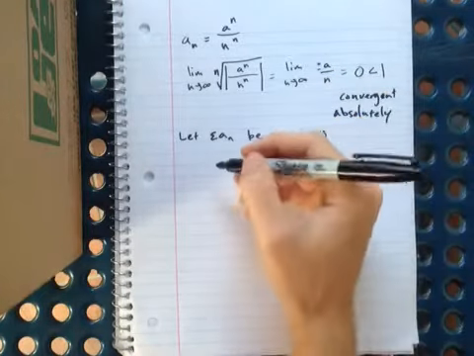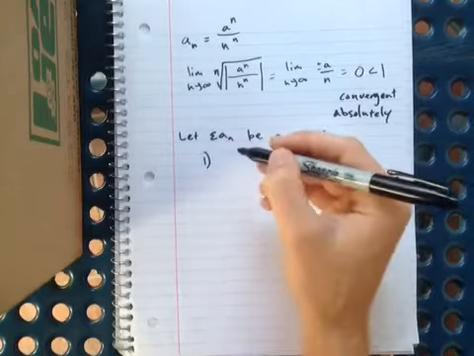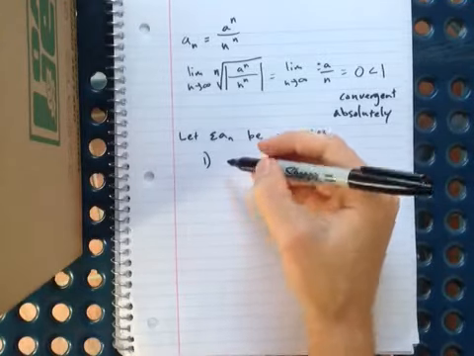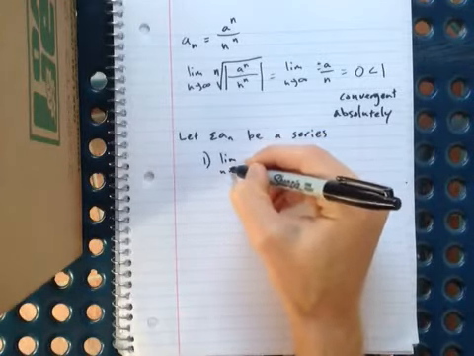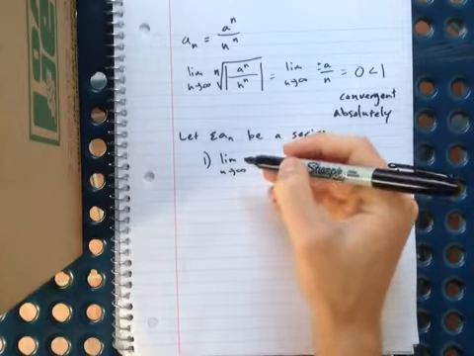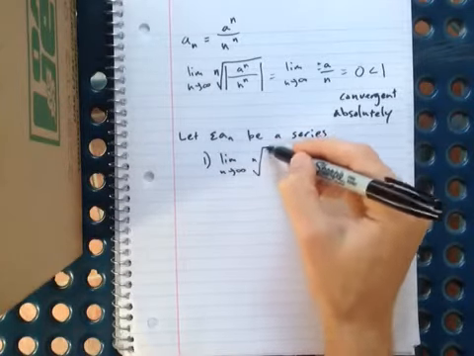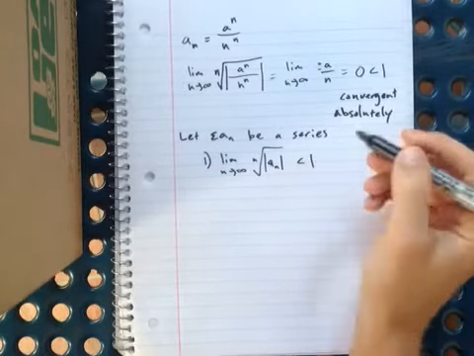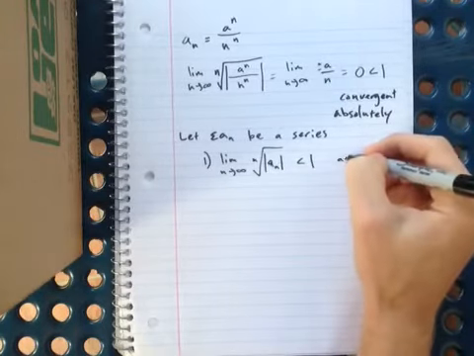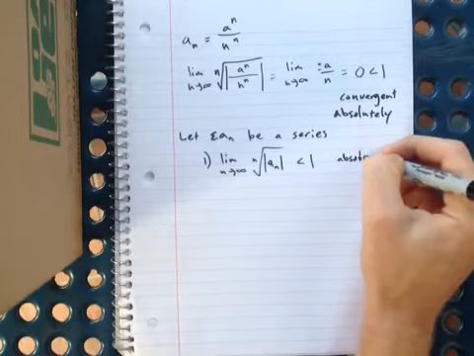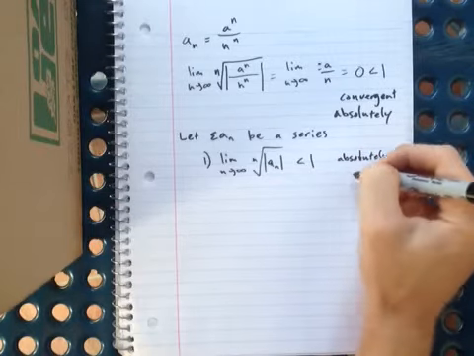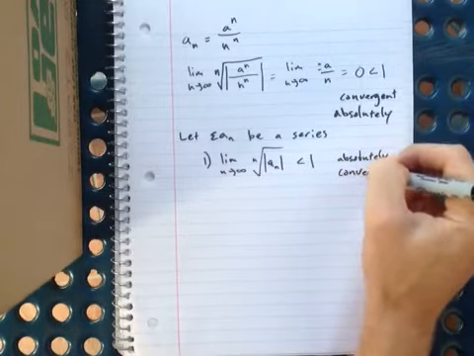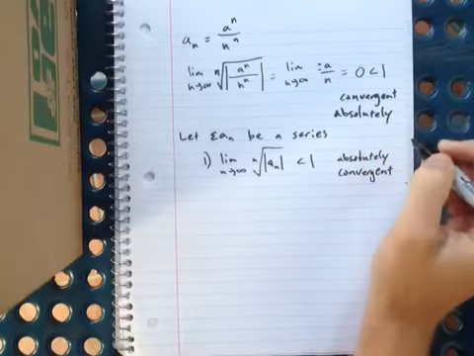And again, we have the three potential outcomes. The first potential outcome is that the limit as n goes to infinity of the nth root of a sub n in absolute values is less than 1, in which case it is absolutely convergent, which is what you saw in the quick example that I just showed you.